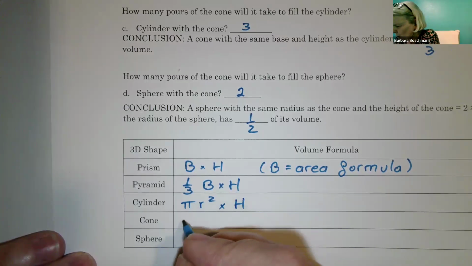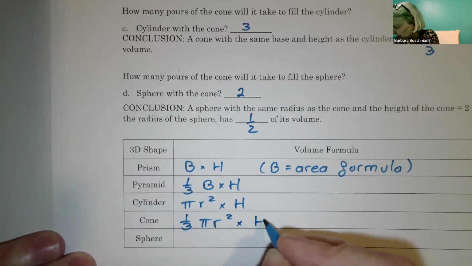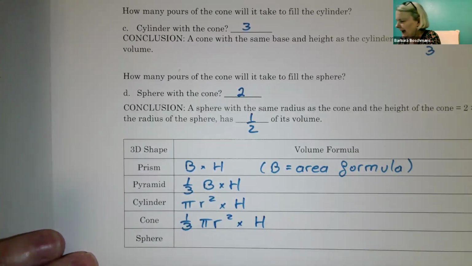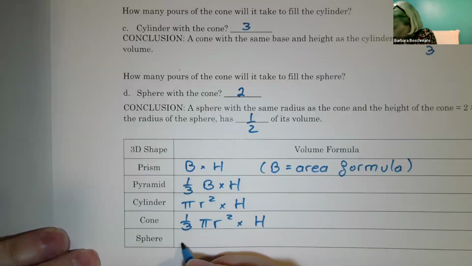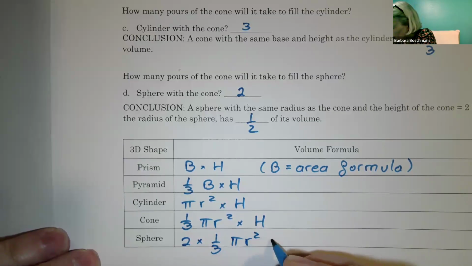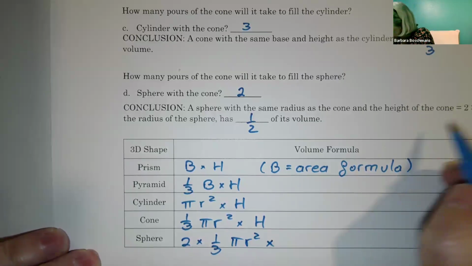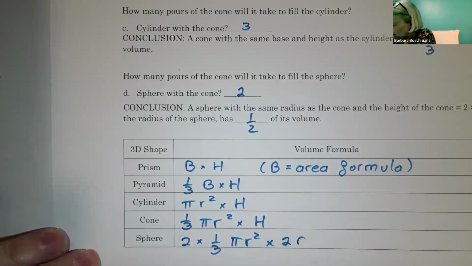The cone was 1/3 the area of the base times the height. And then the sphere would be 2/3, or 2 times 1/3, pi r squared times the height, except that the height of the cone was 2 times the radius.